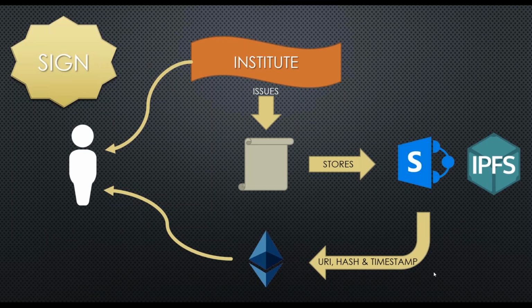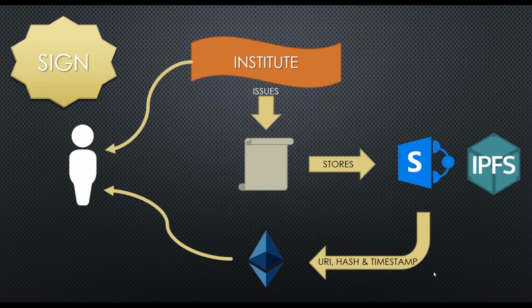And then using a set of APIs for talking to a blockchain backend, I identify this document with a unique identifier, with a unique URI, with a timestamp when the document is issued. And this API in the blockchain generates a hash code.